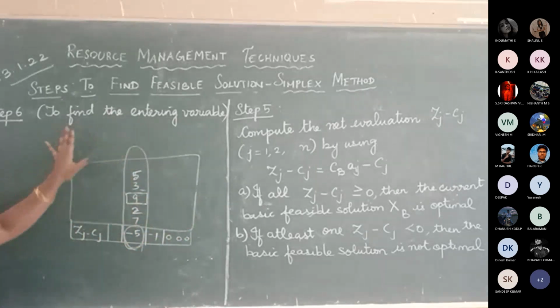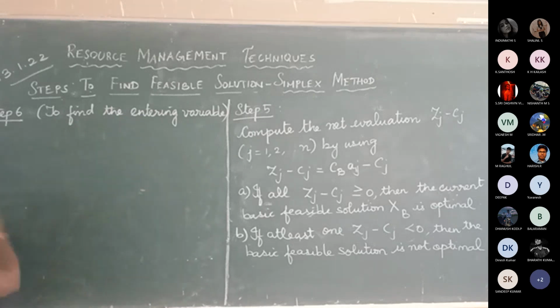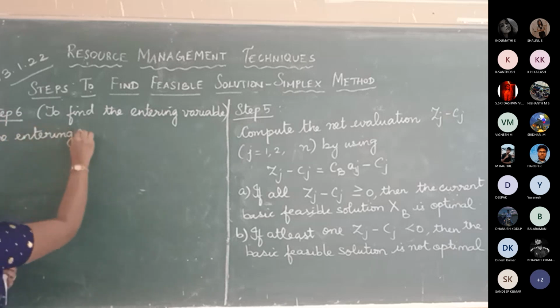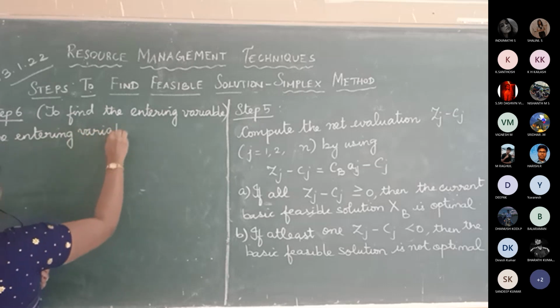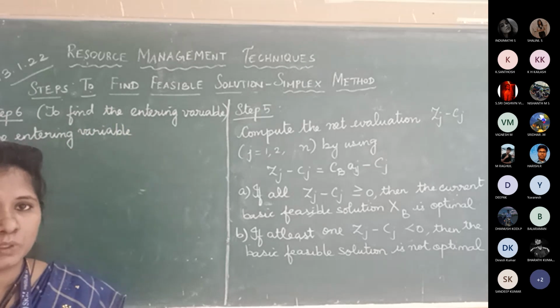So we write the heading as step 6 and write to find the entering variable. I'm making you write these steps because when you do the problem, you won't understand.